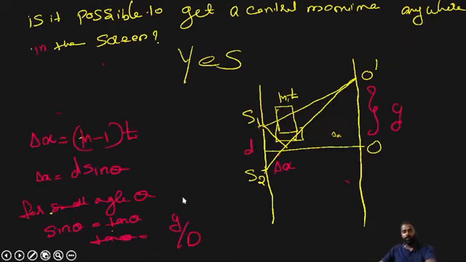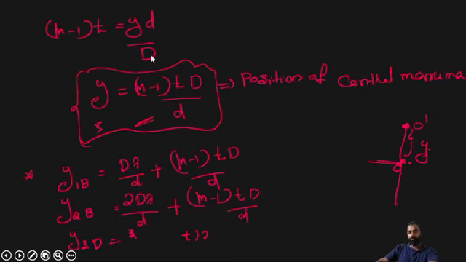Then, is there any possibility to get a central maximum anywhere on the screen? Yes, when the path difference of (mu minus 1) t is compensated by the second ray by an equal amount. We got the equation: the new central bright fringe is at the position (mu minus 1) t D by small d.